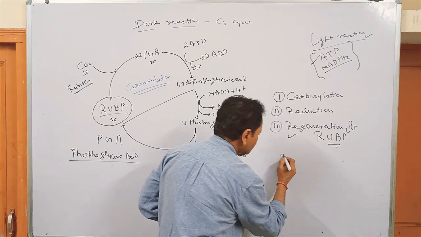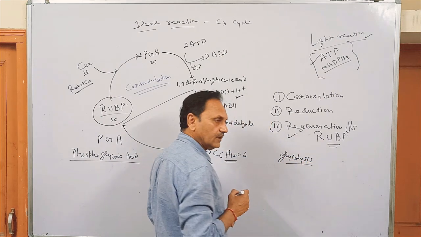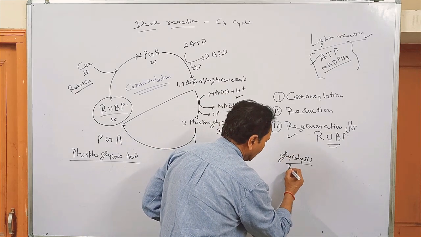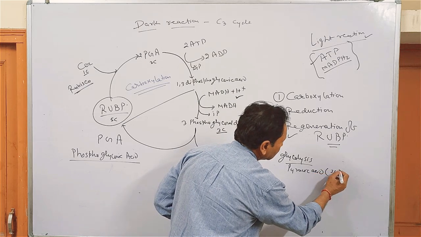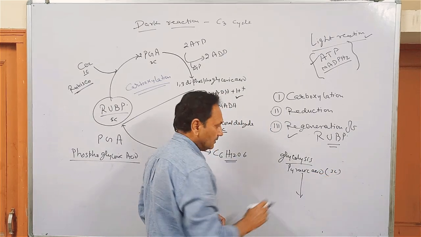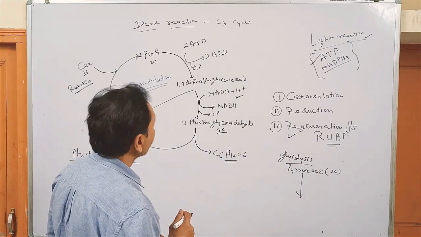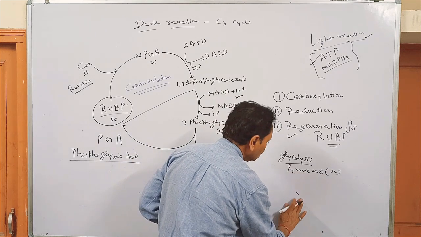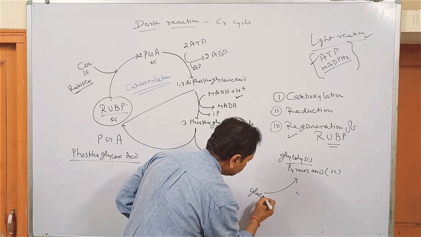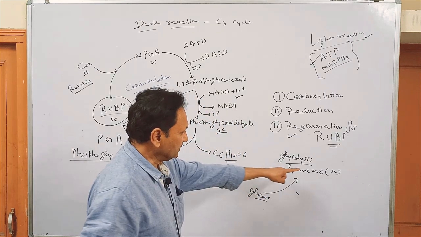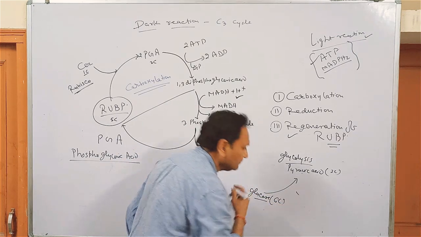In the process of glycolysis, the pyruvic acid having 3 carbons is produced from glucose, and glucose has 6 carbons.